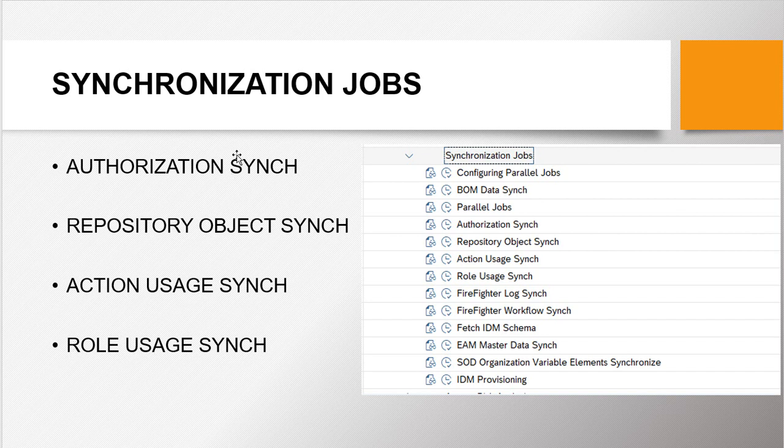All that data from the backend system needs to be synced into the GRC system. So the synchronization jobs need to be scheduled or run so that BRM has all the latest and updated information in the Access Control GRC system.